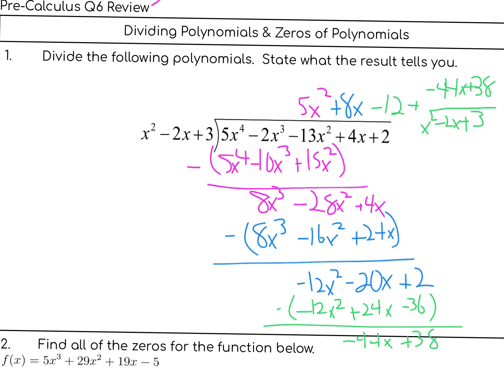And assuming I did that correctly, I just found that x squared minus 2x plus 3 is not a factor of the 5x to the fourth thingy.